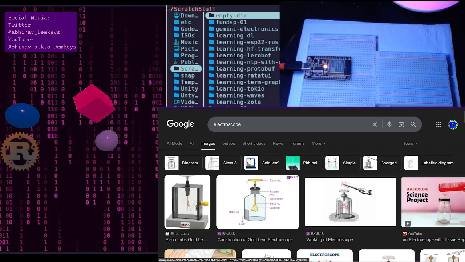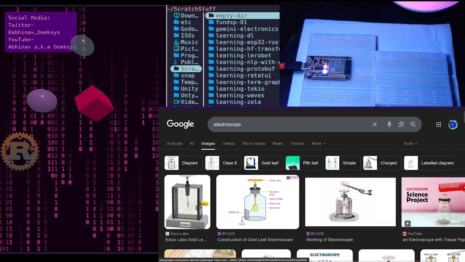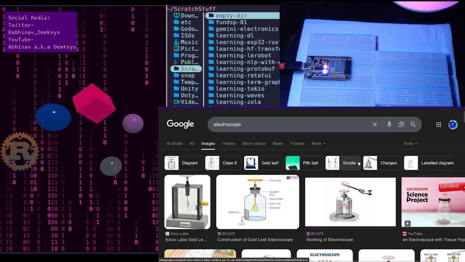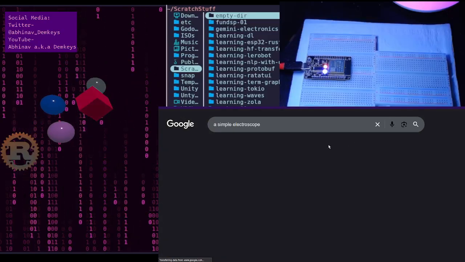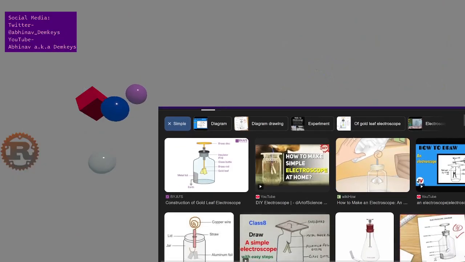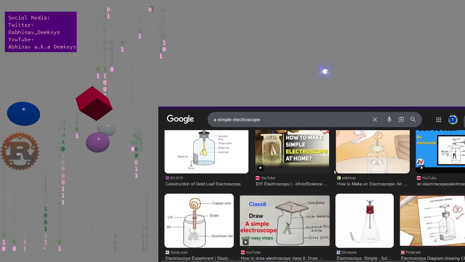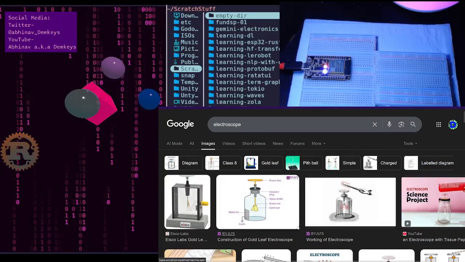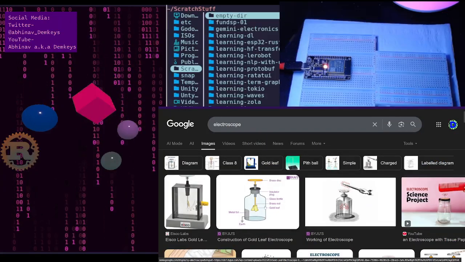So, this is the image that we are looking at right now. Okay, let's just go back. So, this second image is what we are looking at.